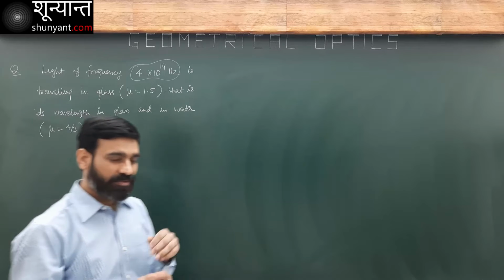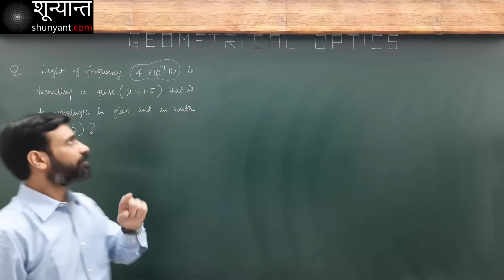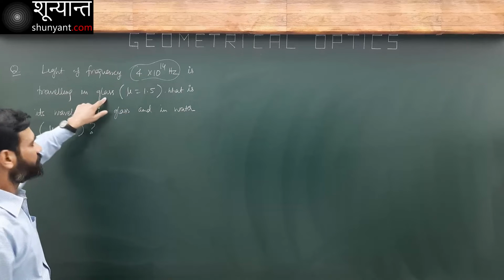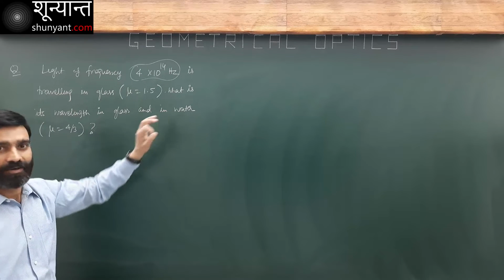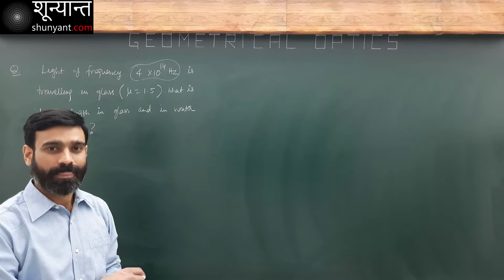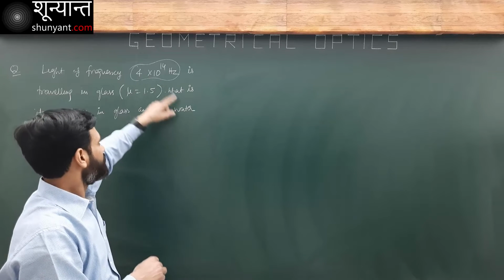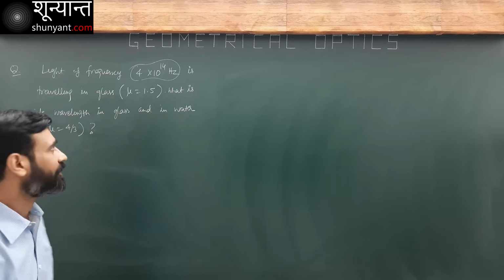No matter in which medium it enters, its frequency is going to be constant. So if the frequency of light is this much in glass, it will be in water also. Do you understand this? Same frequency in water also.